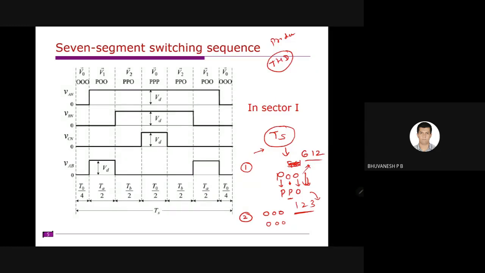If sector 1 ends with P00, then sector 2 must start with P00. So there is no switching change when moving from one sector to the other. Simple: within one sector there must be one switch change, and between sectors there will be no change in the switching.